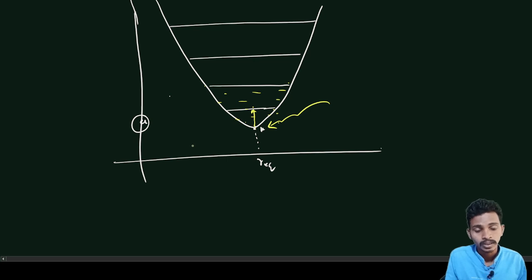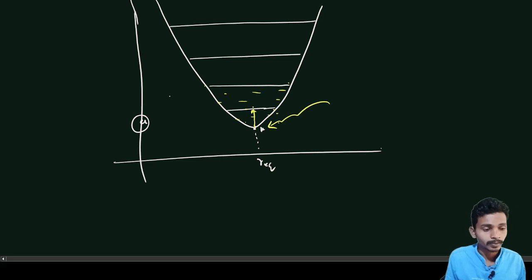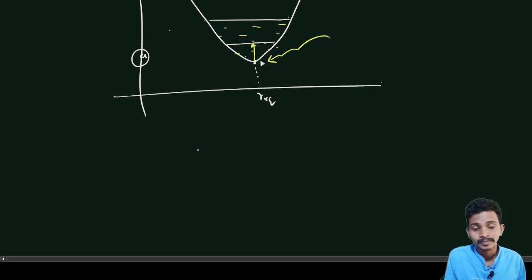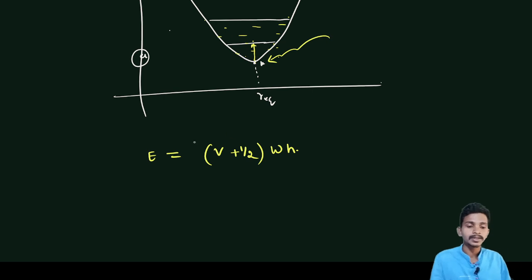From the Schrodinger equation we get that equation, which we will discuss more in quantum chemistry, so I'm just giving the equation. That equation is E equals, with B the vibrational constant, times v plus 1 upon 2. So the energies are arranged by this equation.